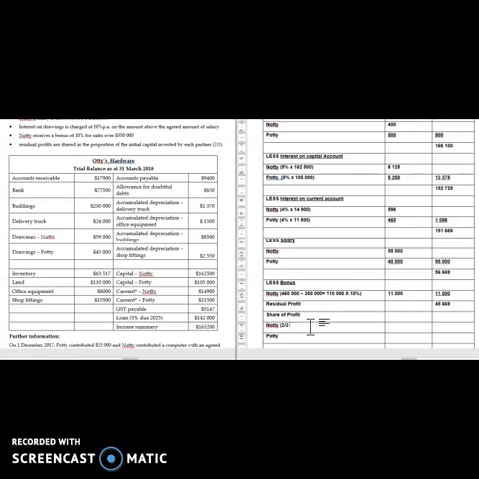So 2/3 of 45,669 will be taken by Naughty and 1/3 of it will be taken by Potty. So Naughty gets 30,446 and Potty gets 15,223 out of that residual profit.